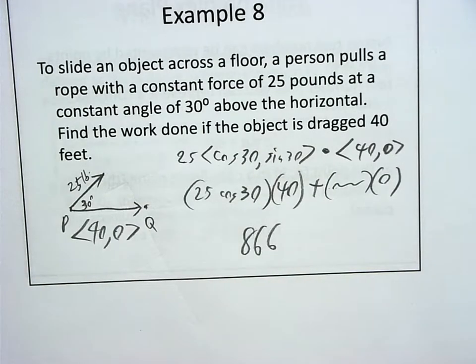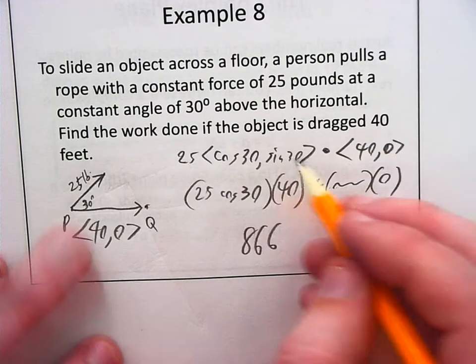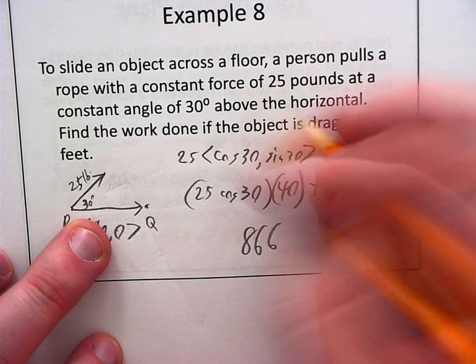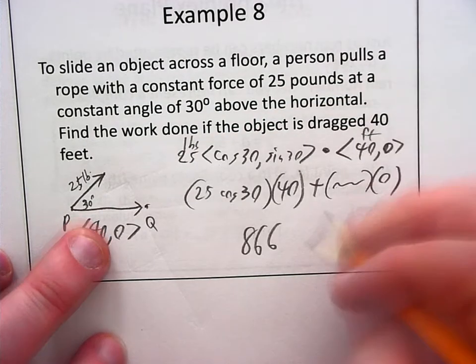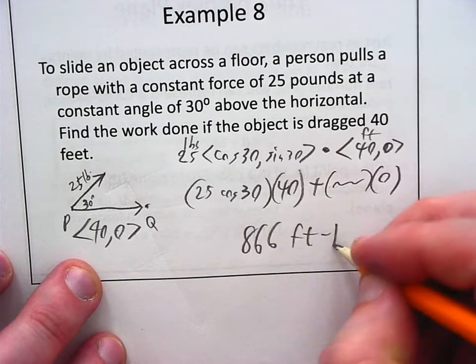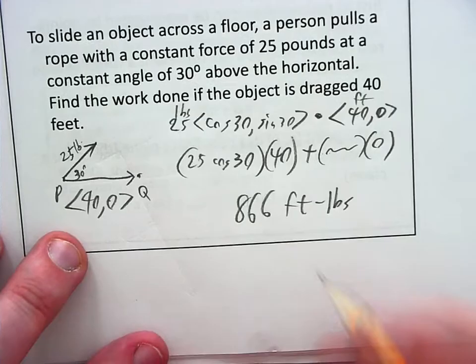Now, the harder question, what are the units? Pounds per feet. Foot-pounds. There's actually a term called foot-pounds. Because if you look, the magnitude of this thing is the number of pounds. This is feet. Multiply together, you get foot-pounds. It's often written like that.